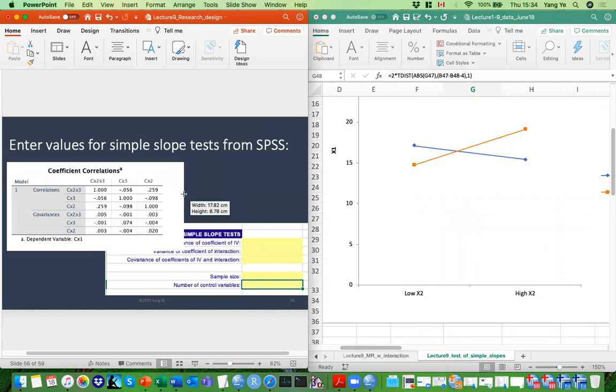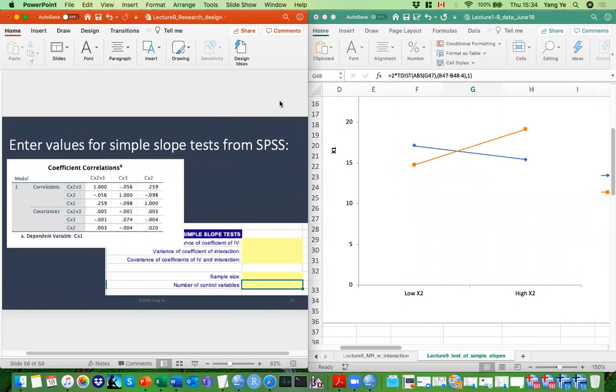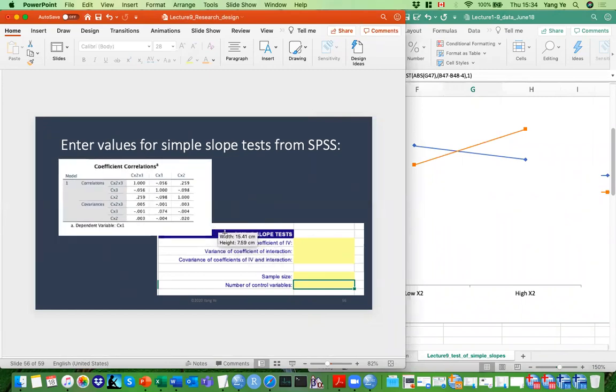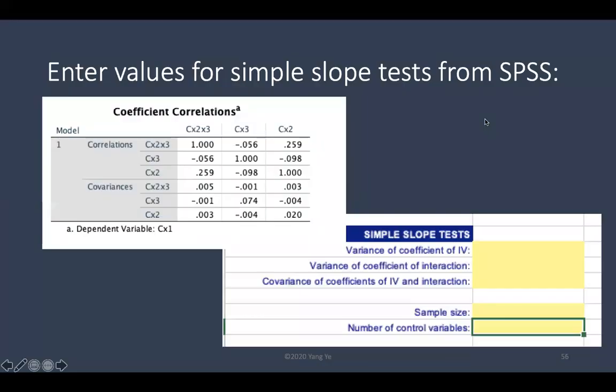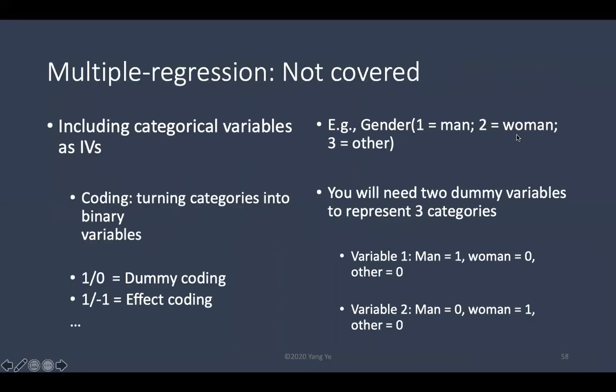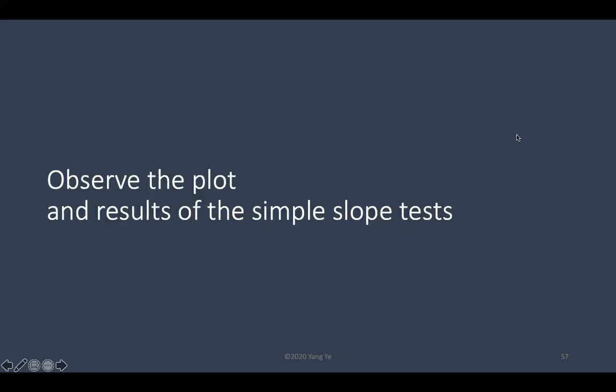The so-called high and low groups don't really exist. They're just hypothetical values, predicted values. That's something to keep in mind. And the other thing is the simple slope tests, actually I don't have anything else to add.